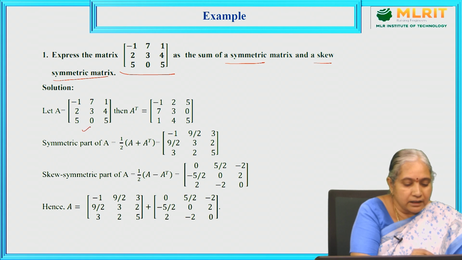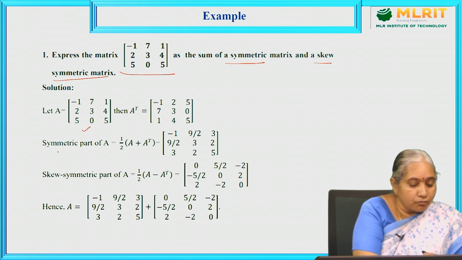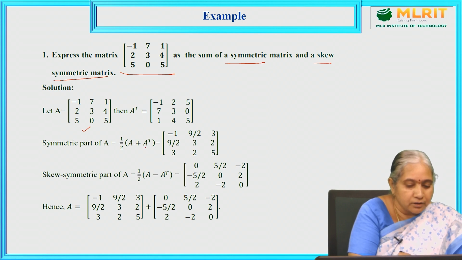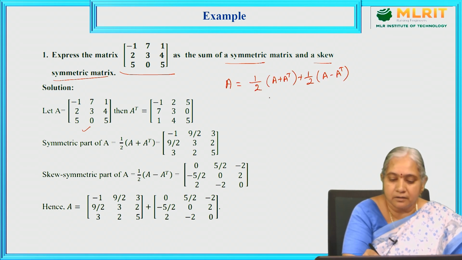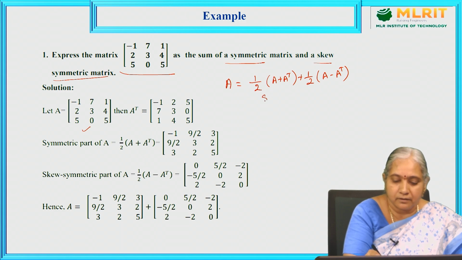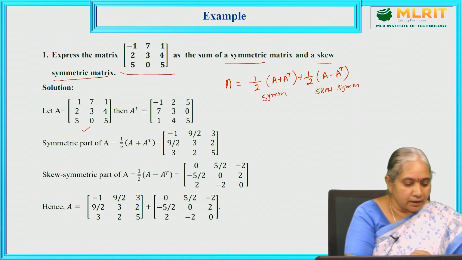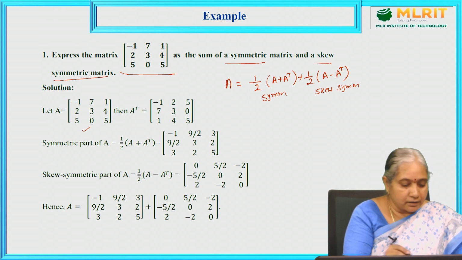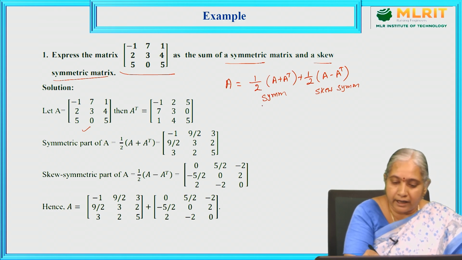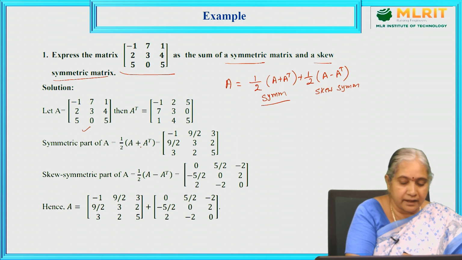We know that every square matrix can be expressed as the sum of a symmetric matrix and a skew symmetric matrix. This we already proved in the previous theorem, so we take the symmetric part of A as 1 by 2 into A plus A transpose.